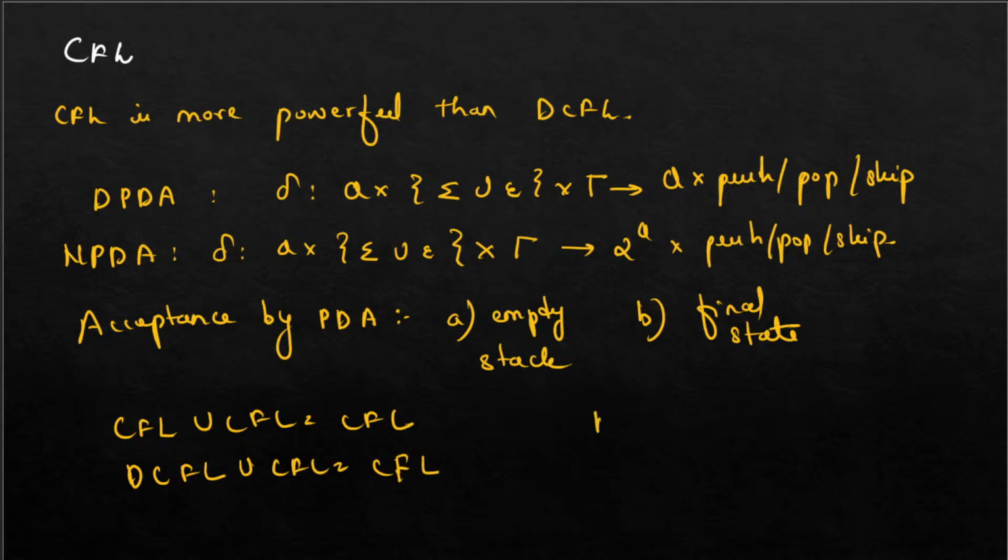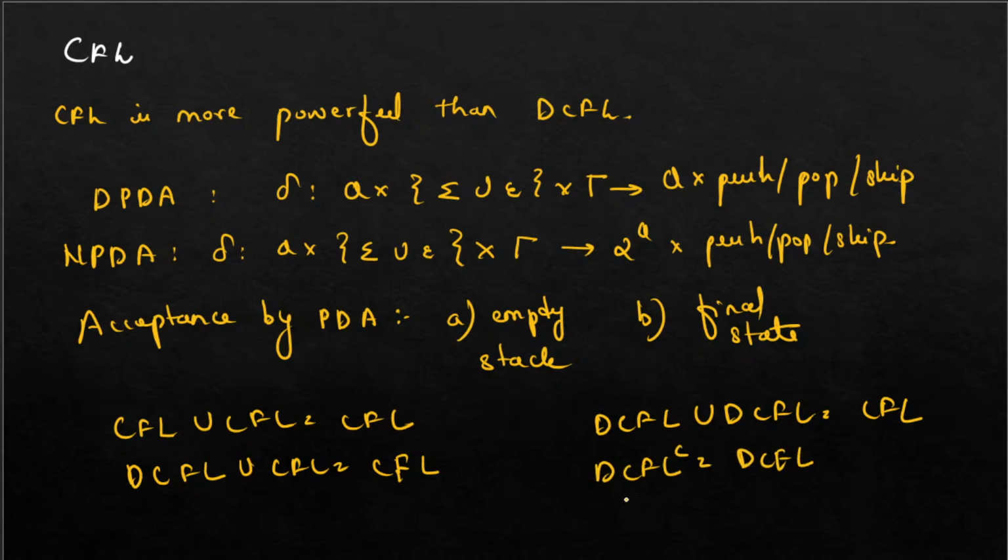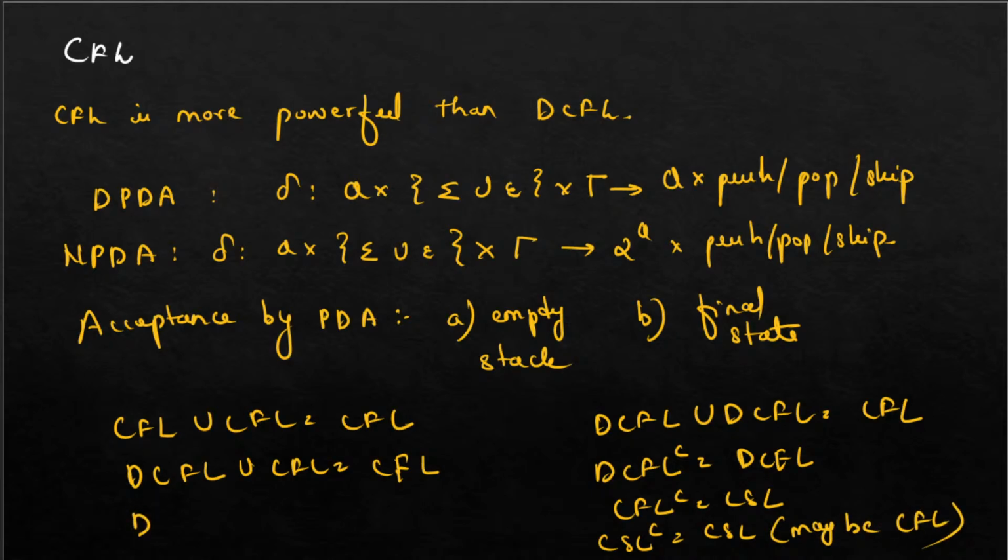Okay, and DCFL union DCFL is CFL, and DCFL complement is DCFL, CFL complement is CSL. Okay, and CSL complement CSL may be CFL, and DCFL intersection DCFL is equal to CSL.